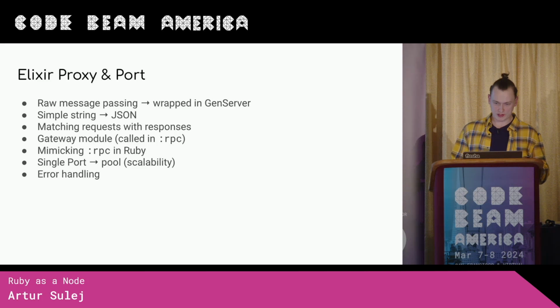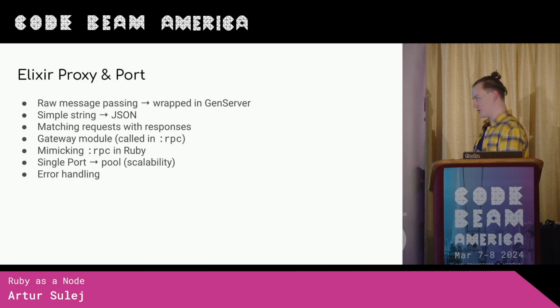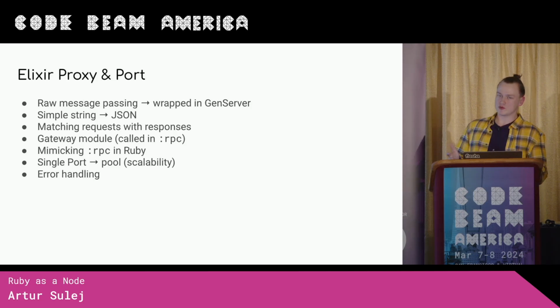There are a few more things that are needed to make the whole solution work. As I mentioned, instead of raw message passing, it's going to be wrapped in a GenServer. Port allows passing just simple strings, while we would like to have some data structure.